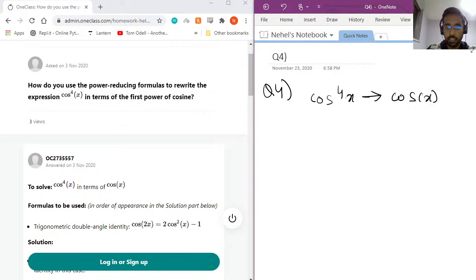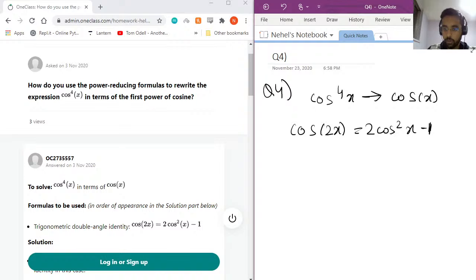So we need to get rid of the power raised to 4 and get it to the first power of x. So the way we would do that is first we would look at the formula for cos 2x. So cos 2x is equal to 2 cos square x minus 1. So we know that we are already one step closer to the cos 4x because we had cos square x.